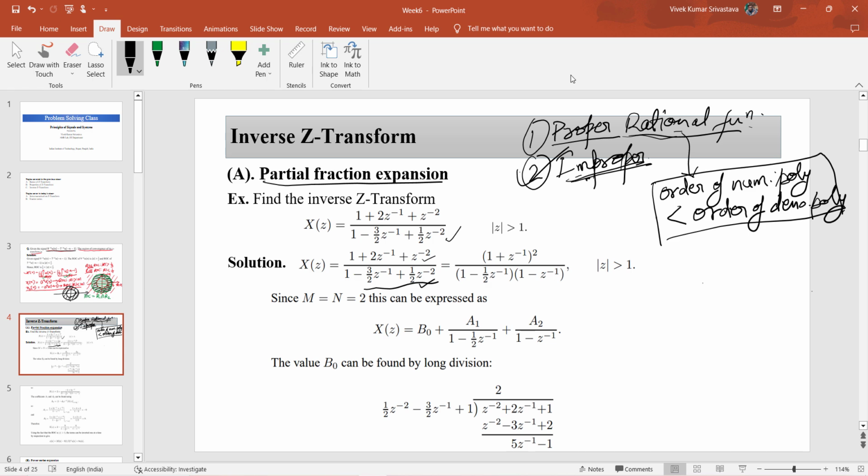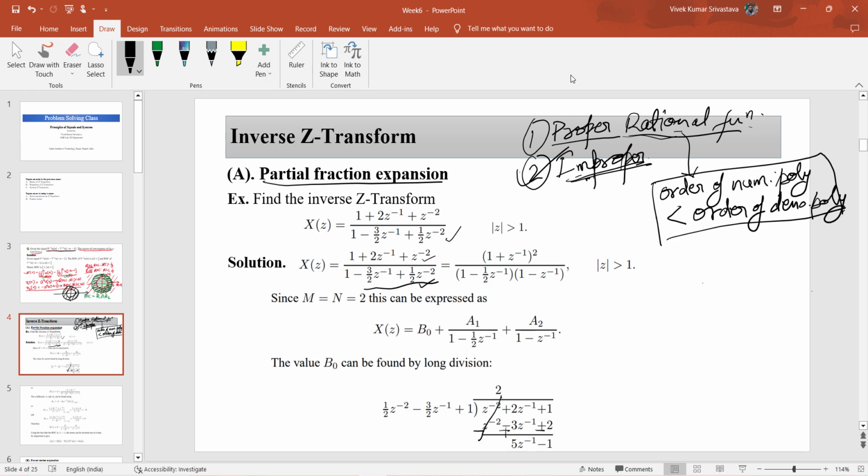Okay, so here if you multiply this denominator by 2, you will get z raised to the power minus 2 minus 3 z raised to the power minus 1 plus 2. Now once you invert this sign, you will get 5 z raised to the power minus 1 minus minus 1.